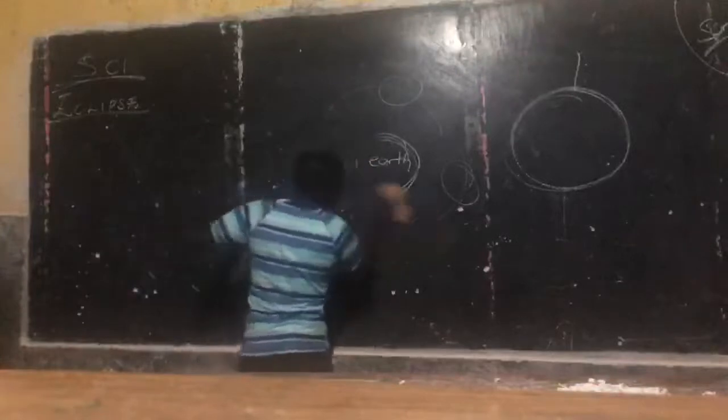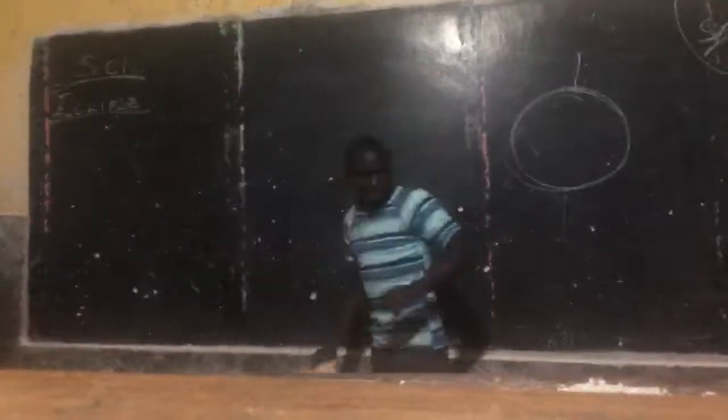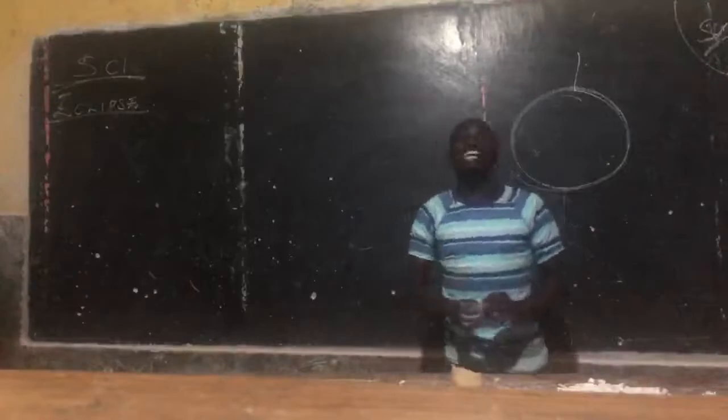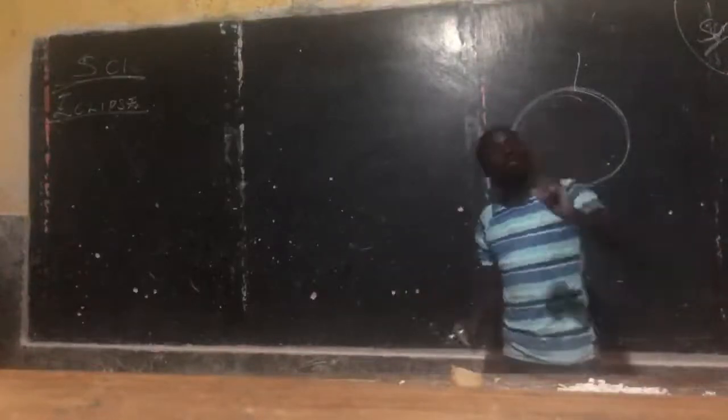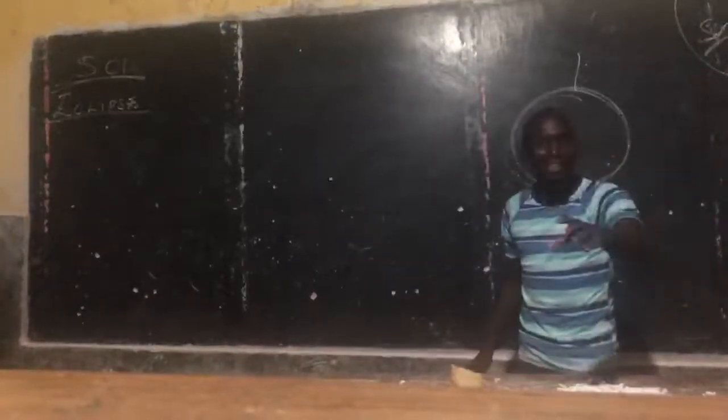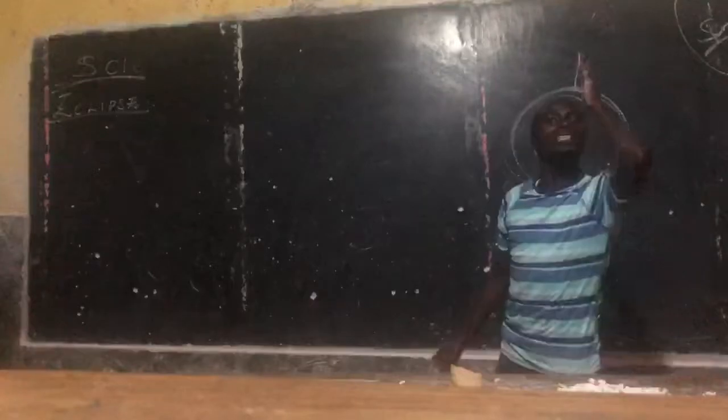So what is an eclipse? An eclipse is a natural shadow formed when light from the sun is obstructed by either the moon or the earth.